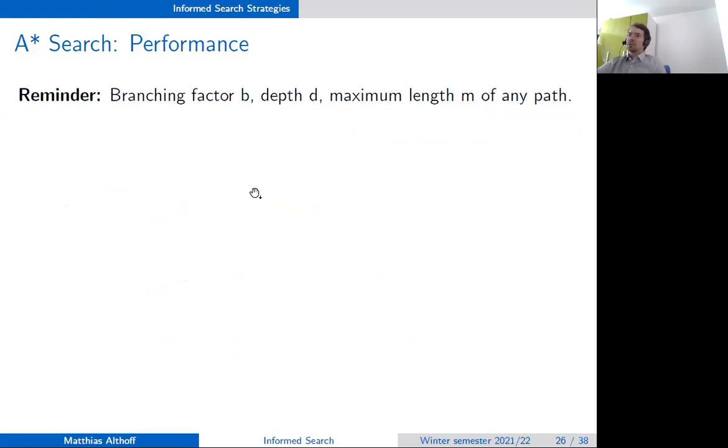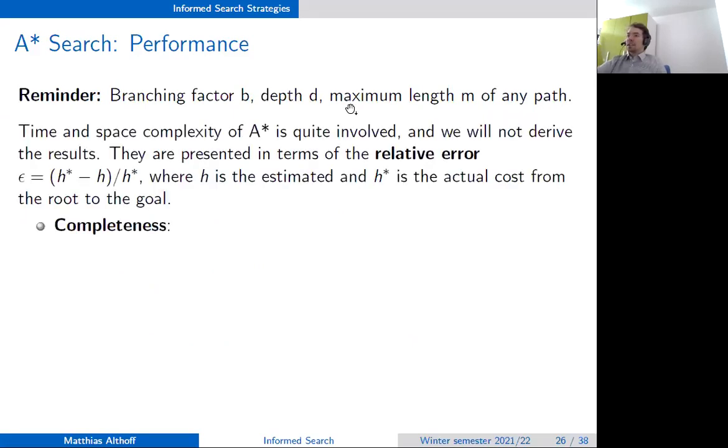So let's talk about the performance of A-star search. Again, we will use the branching factor b, the depth d, and the maximum length m of any path. Deriving the space and time complexity is quite involved for A-star, so we will not discuss this in detail. This is really a longer proof.